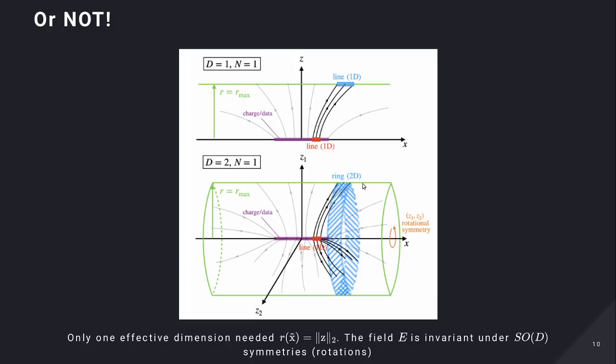And so at the end of the day, you only need to keep track of the distance from your cylinder to your unaugmented data distribution. So the only variable you keep around is this distance, because you can just ignore the angle part.